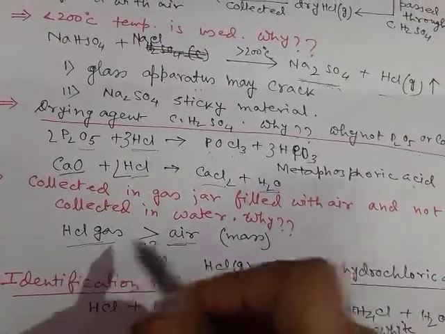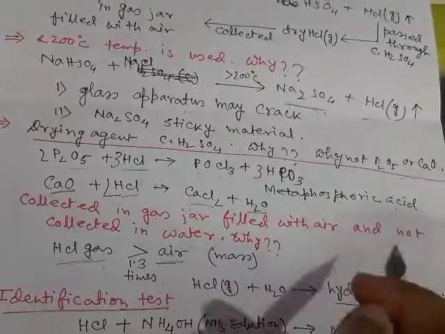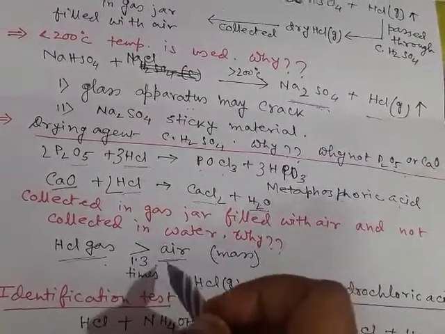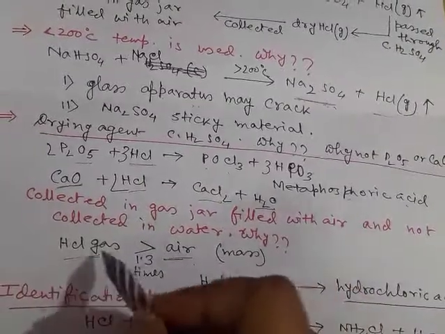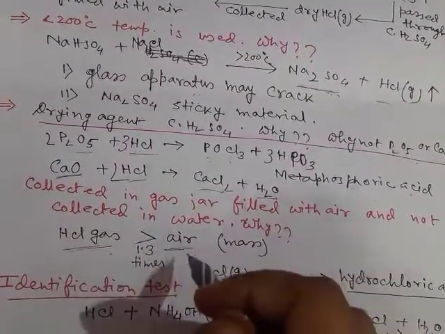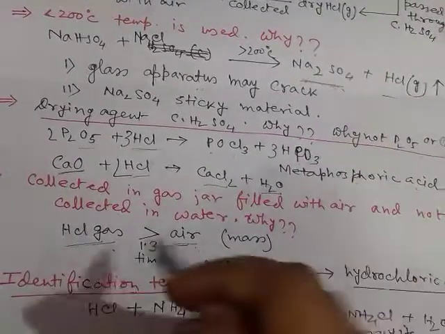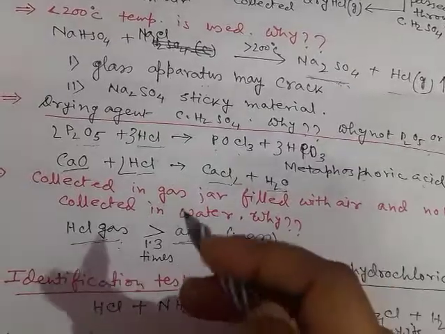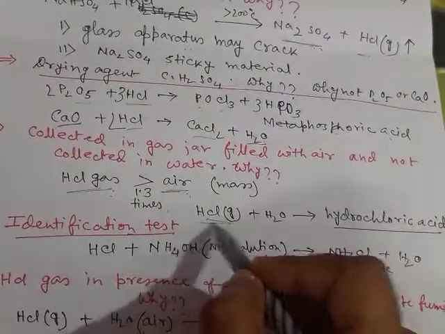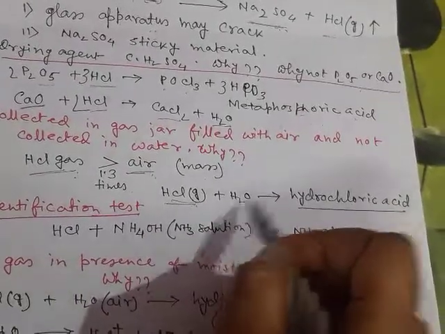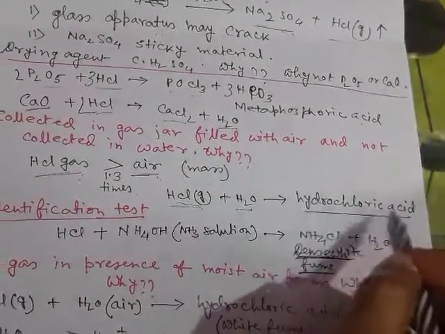So HCl gas can easily replace the air in the upward direction, and HCl gas will be collected at the bottom portion. Now HCl gas has very high solubility in water. When it dissolves in water, there will be formation of hydrochloric acid.